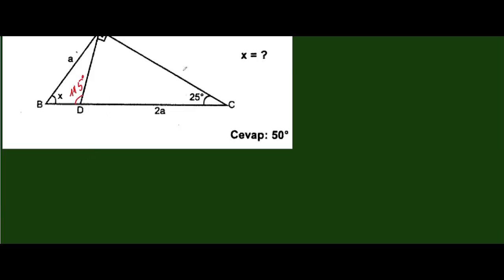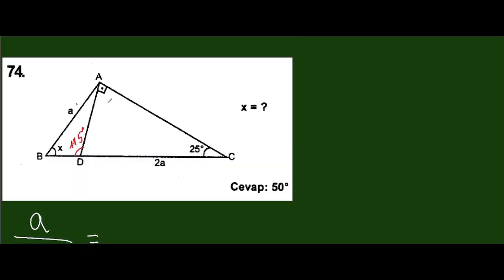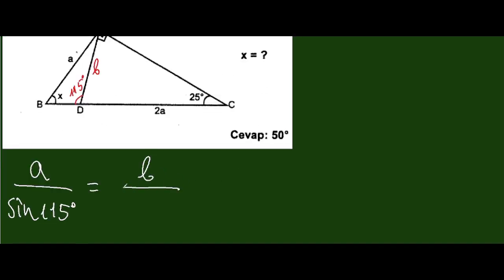And again, we will write down a over sine 115 degrees will be equal to, if we write this side as b, b over sine x.